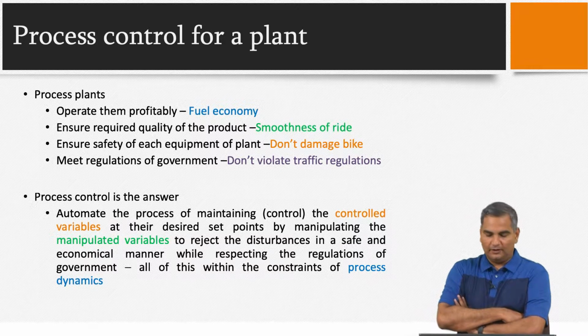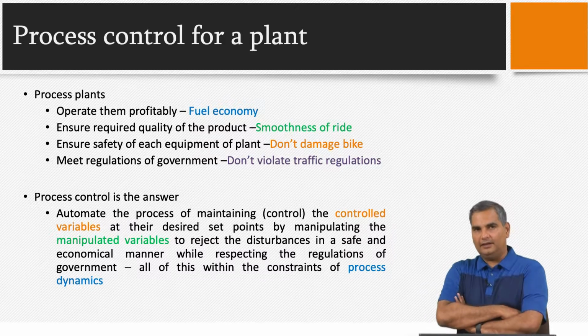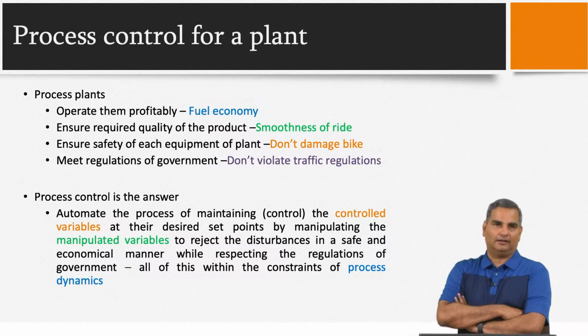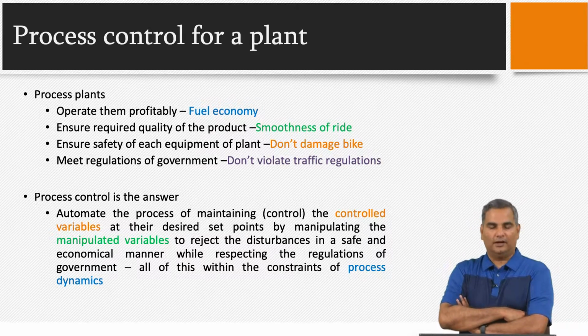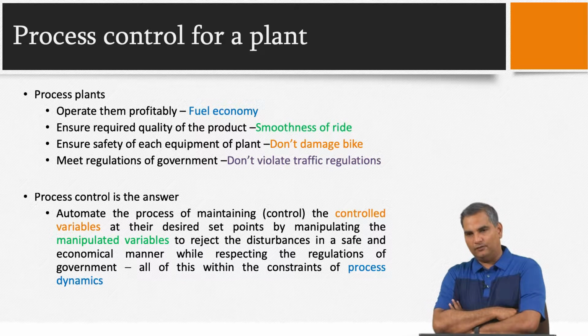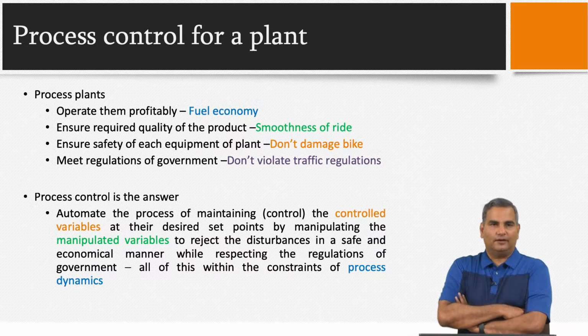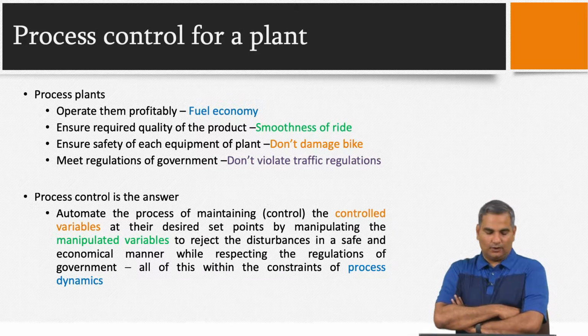Process control is the key to be able to follow all the objectives that we are interested in, while minimizing the impact of whatever we do in terms of the environment, in terms of energy usage, in terms of wastage and so on, right.